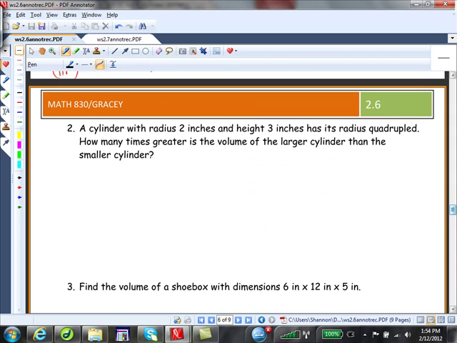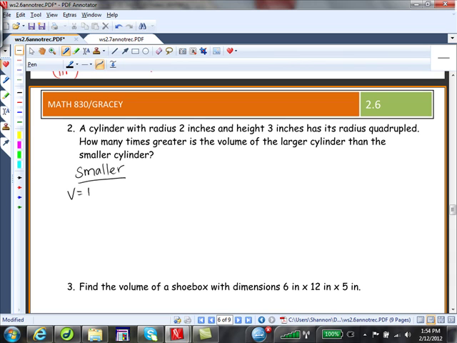Next up, we have a cylinder with radius 2 inches and height 3 inches that has its radius quadrupled. How many times greater is the volume of the larger cylinder than the smaller cylinder? Well, let's do the smaller one first.